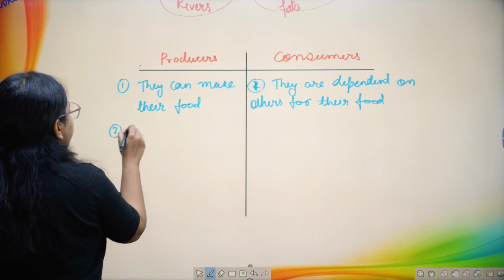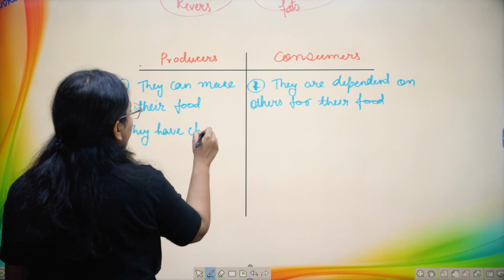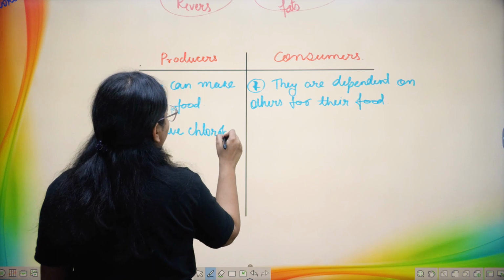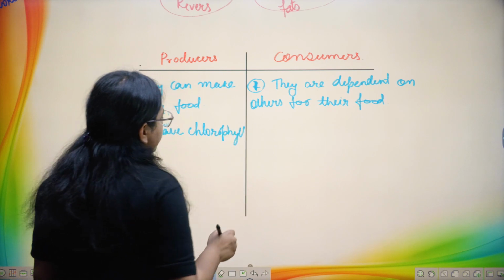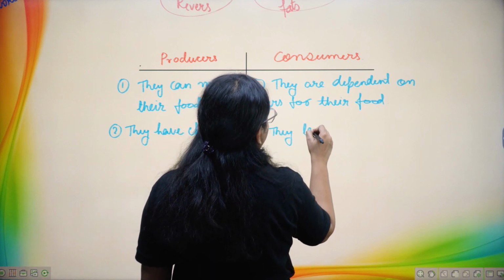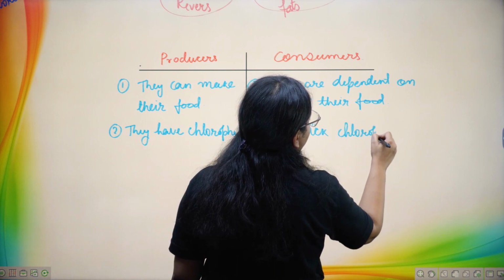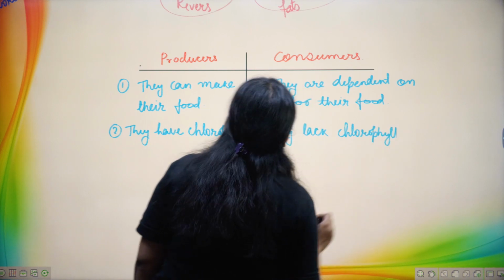Second, producers have chlorophyll. Consumers lack chlorophyll, right.